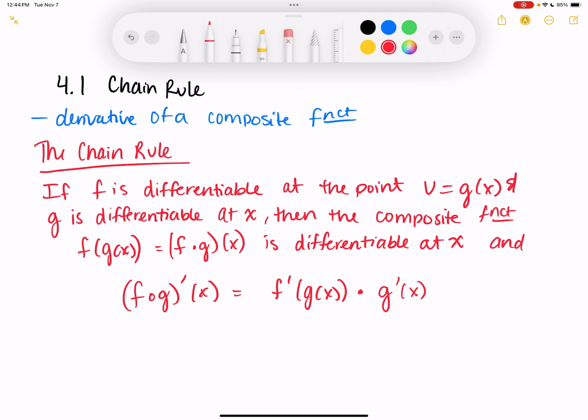So we take the derivative of the thing as a whole and then times the derivative of the inside piece. I have a question. So on the second part of that equation, is that the f prime g of x? Yes. And is that a multiplication somewhere? Yeah.